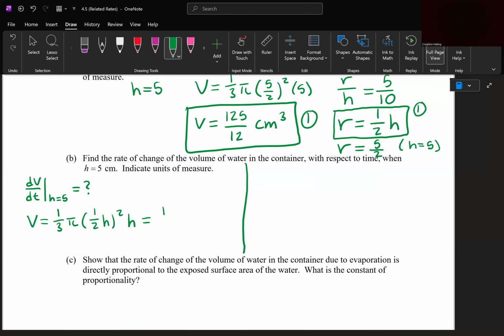If you do this arithmetic, you're going to get 1/12 pi H cubed.